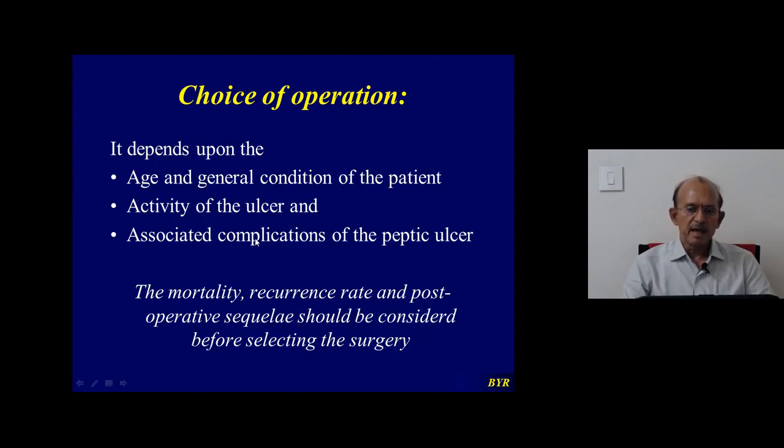Each surgery has its own drawbacks. Some have high mortality, some have high recurrence rate, some have post-operative discomfort to the patient. So you have to balance them against the age, general condition, activity of the ulcer, and complications of the peptic ulcer.